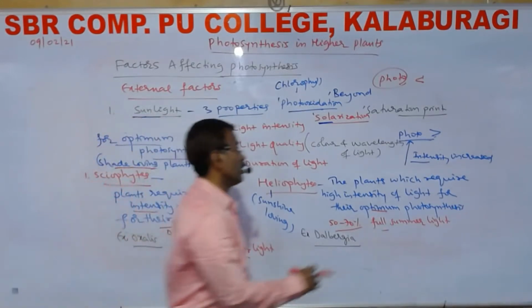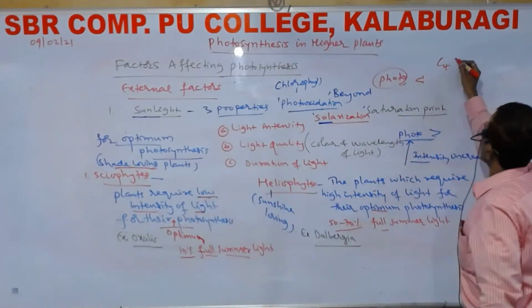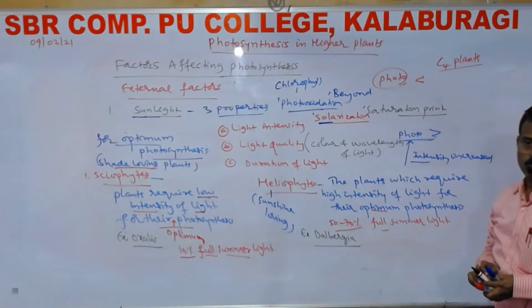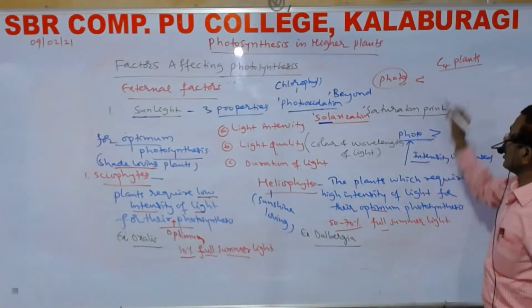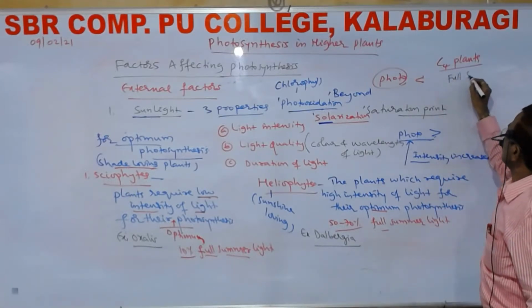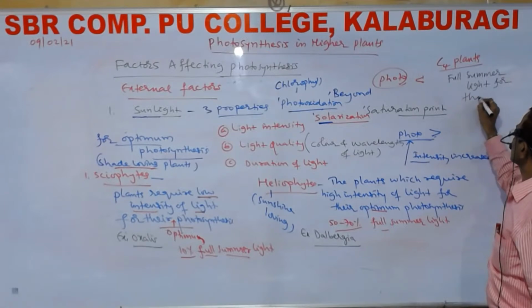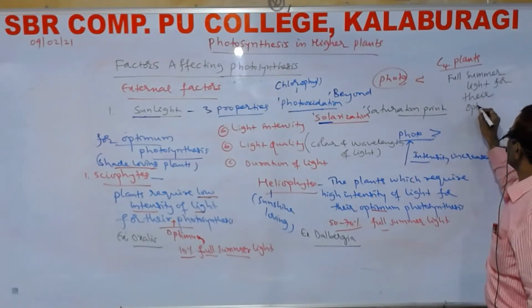Now, if you take C4 plants, they need full summer light for their optimum photosynthesis.